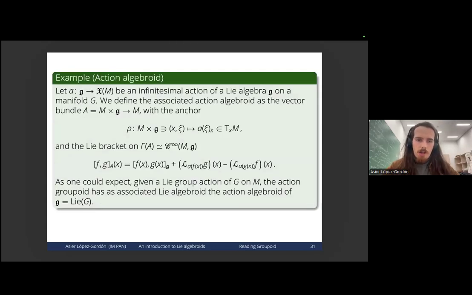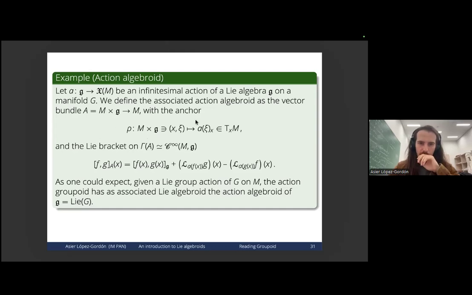Another example, which is quite interesting and related with the examples we saw of groupoids, is the action algebroid. We have a Lie algebra that acts on a manifold, that is, for each element of the Lie algebra we associate a vector field on the manifold, which we call the infinitesimal generator. Then we define the action algebroid as the vector bundle given by the product of the base manifold times the Lie algebra, so this is a globally trivial vector bundle.